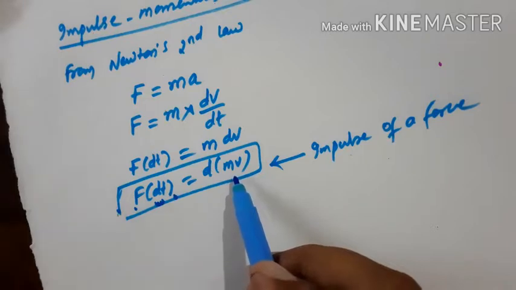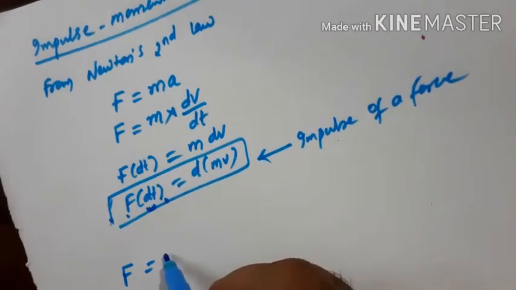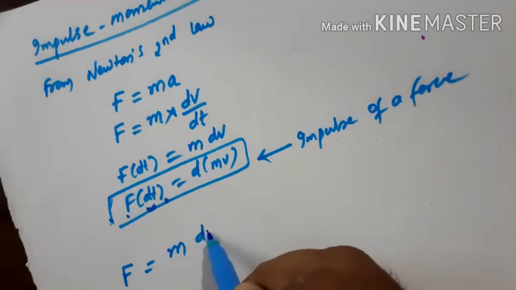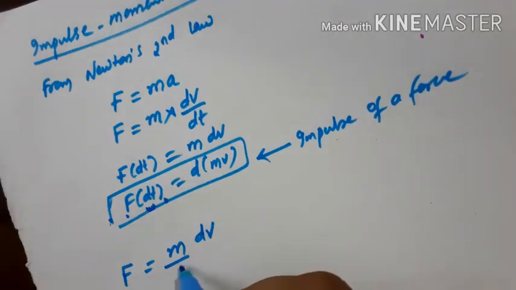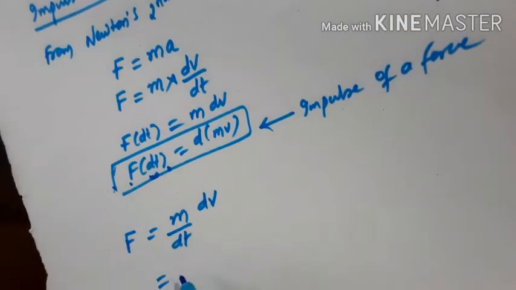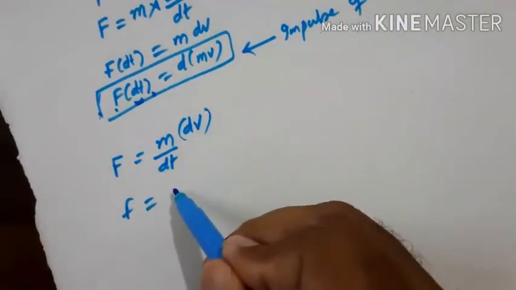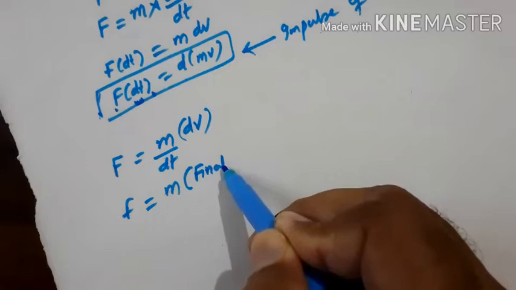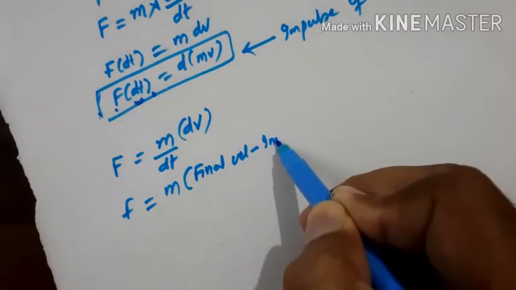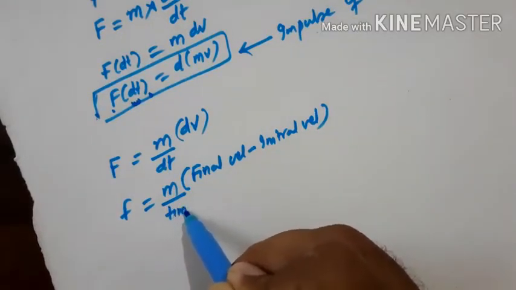Okay. Then further, if I write F equal to, so m you can take it out, m into dv divided by t, but this can be written as m into change in velocity, m into final velocity minus initial velocity divided by time.